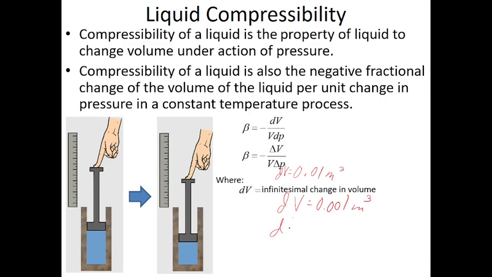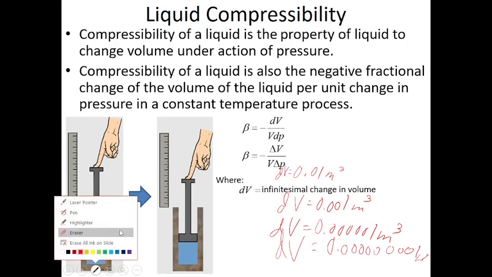Eh, may mas maliit pa dyan. 0.000001. Eh, may mas maliit pa dyan. Walang katapusan na pagliit. Kahit 1,000,000 zero, pwede. Walang katapusan. So, ang tawag doon, infinitesimal change in volume, or differential volume.